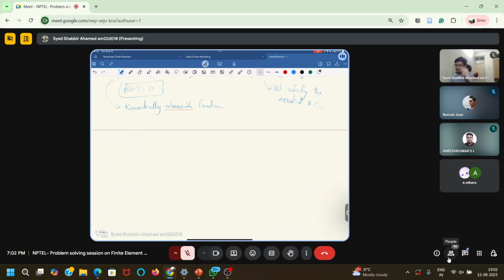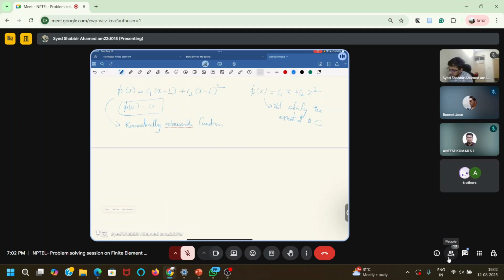Now let's assume some trigonometric form of solution. Let's say phi of x equals c1 times cos of (pi x by 2L) plus c2 times cos of (3 pi x by 2L), like this.